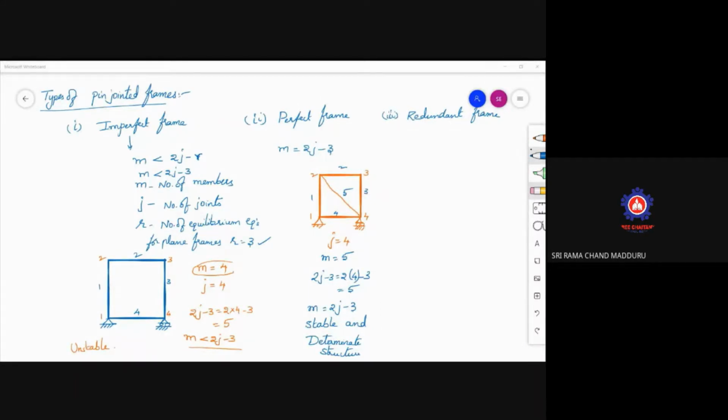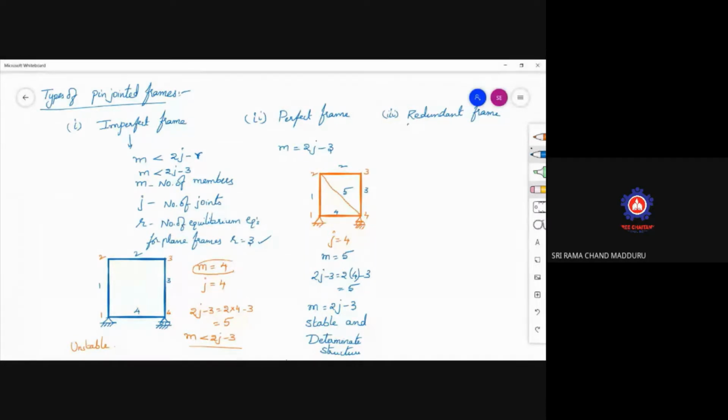Whereas a redundant frame, just see this. How many members are there here? 6 members, sir. Joints are 4 only.